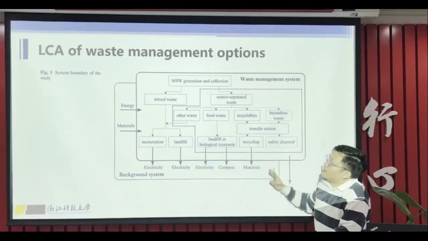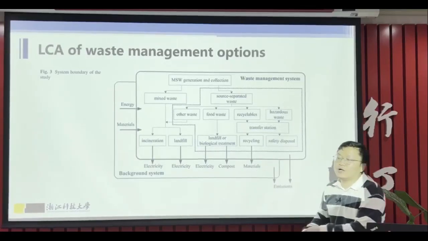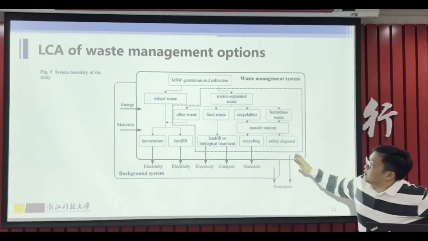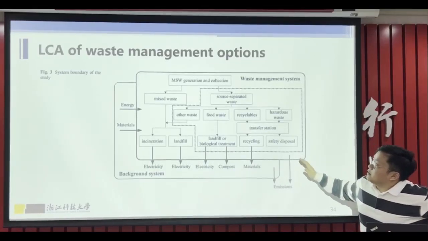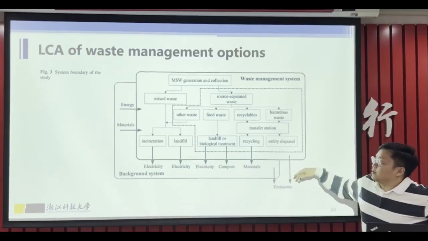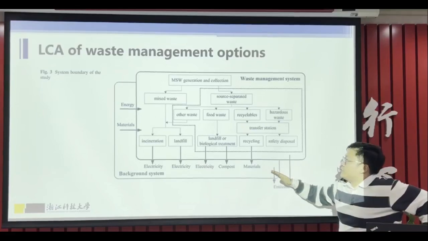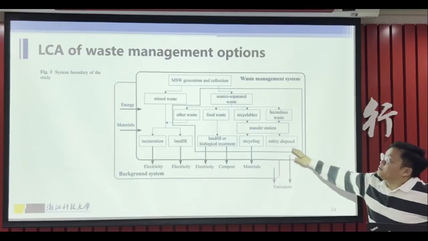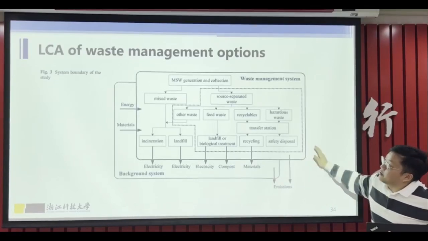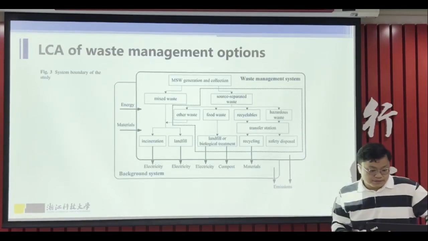All this data is collected and then converted to our functional unit, and then we established the life cycle inventory of the processes, and then we have the life cycle assessment of the whole system.